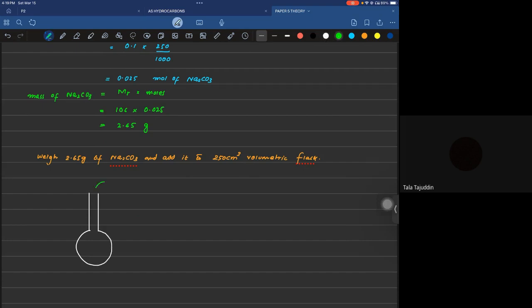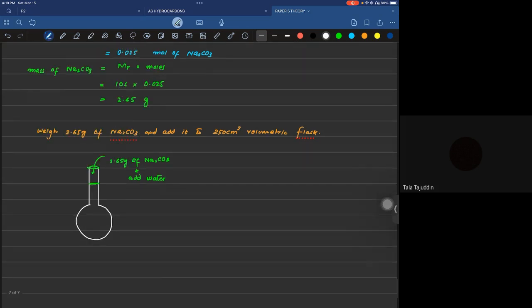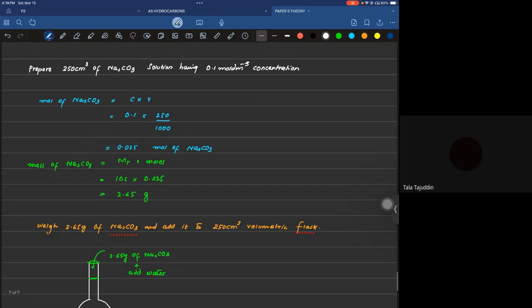I have added this much sodium carbonate and add water. This is the mark till 250 centimeter cube. Add water to make up the solution, and automatically you would be getting this concentration.